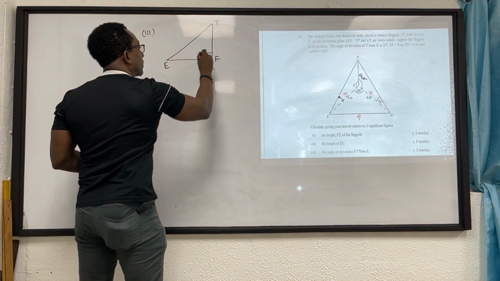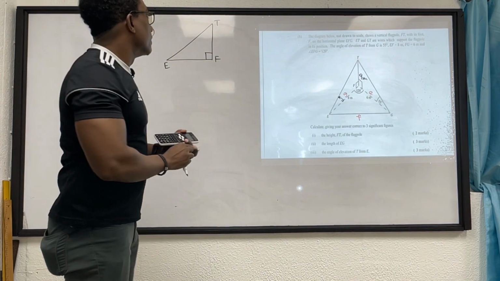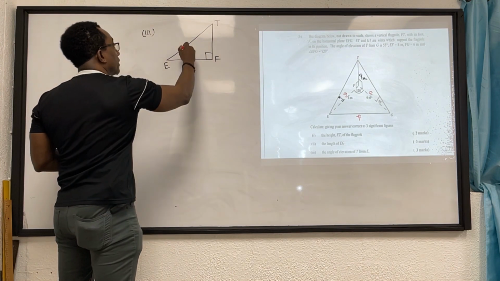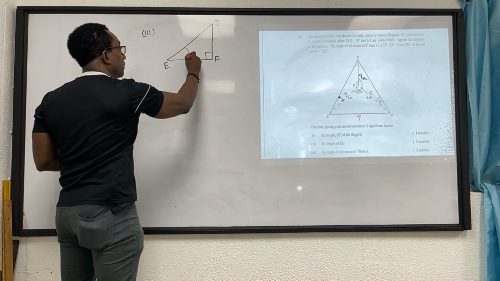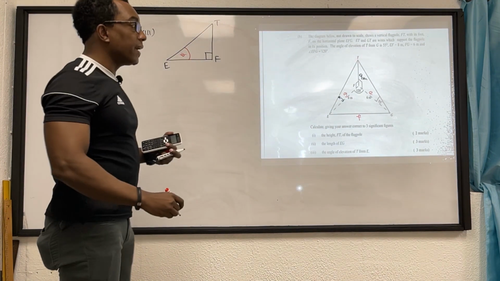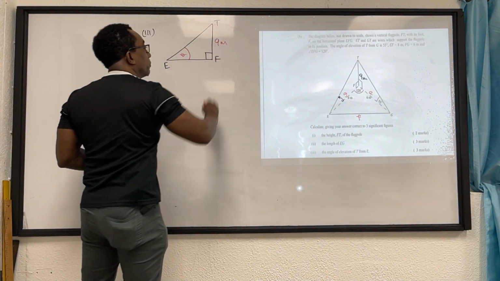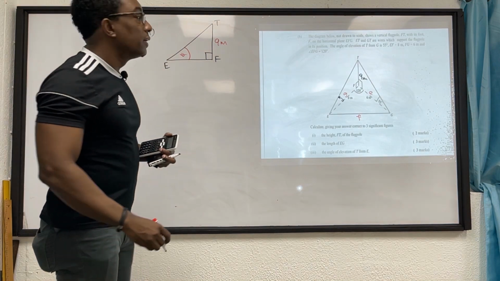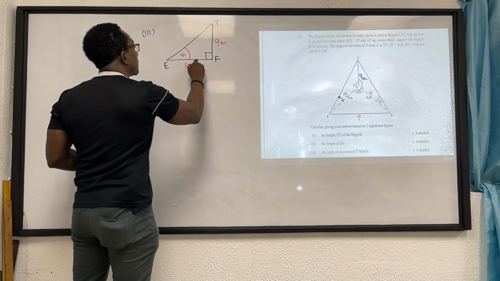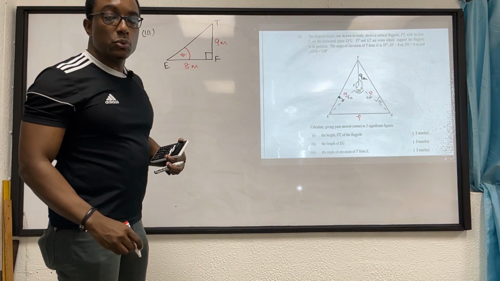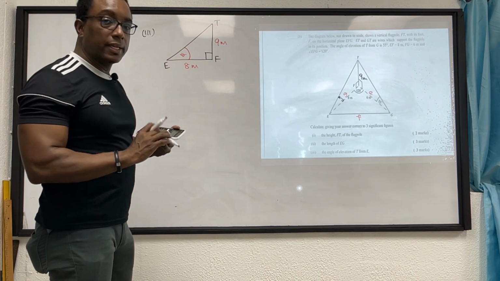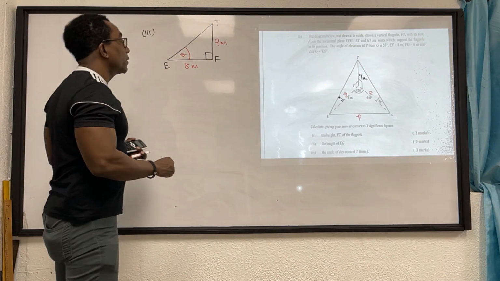This is my angle of elevation. I need to find that angle. This here, FT, is 9 meters, which we worked out in part 1. This here is 8 meters. We have information for two sides, and we're using trigonometry to help us find that acute angle.